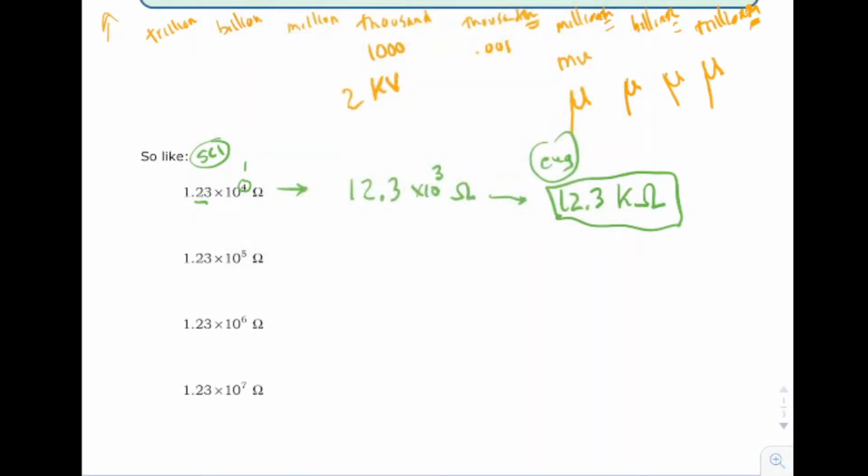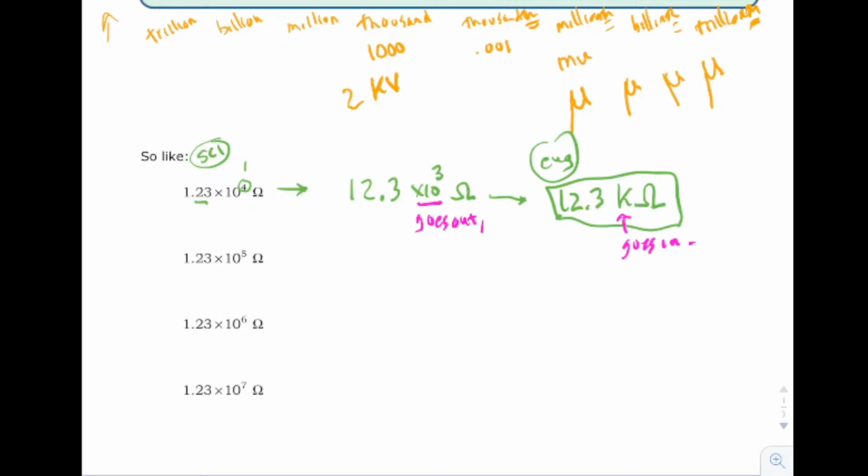Notice the 10 to the 3 goes out and the kilo goes in. In other words, replace 10 to the 3rd with a little k. You have to leave the ohms there. Could be kilovolts, kiloamps, kiloohms, kilowatts, kilowhatevers, kilomiles. Kilomiles?